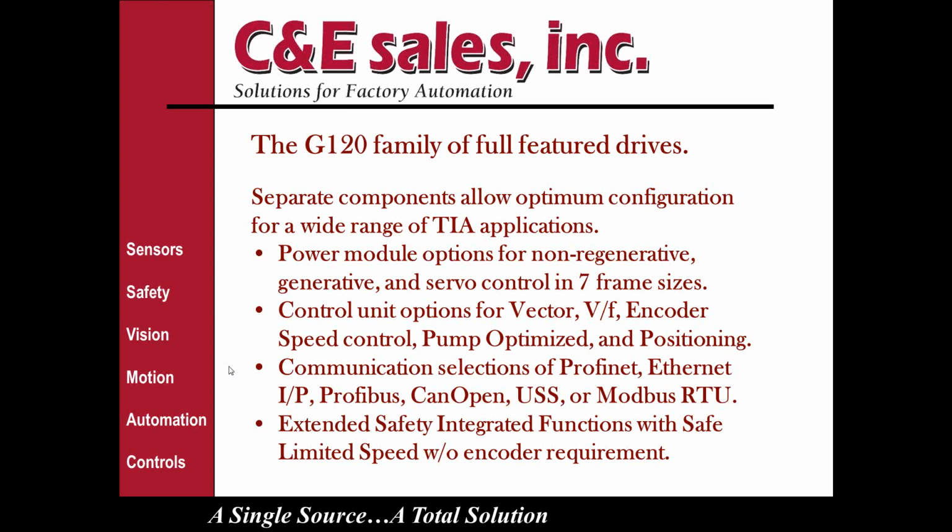And we're very excited about the new CU250S-2 drives, which have speed control and are just being introduced with positioning control with encoder feedback. So a broad range of applications. Now we can look at doing servo applications with the G drives. Communications is a huge benefit of the G120 family.